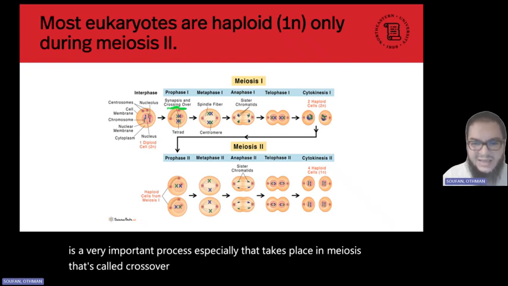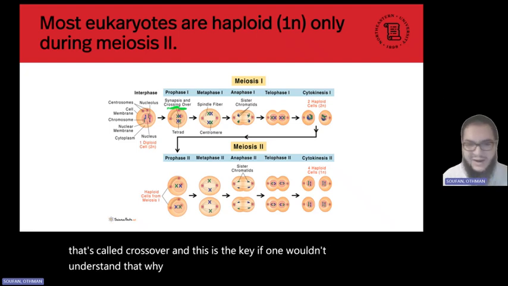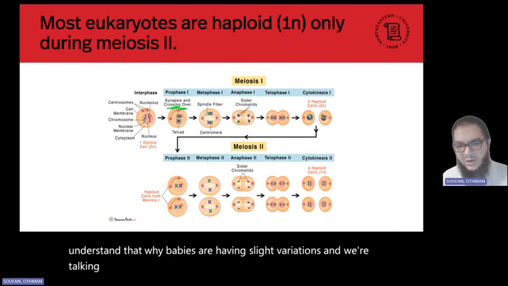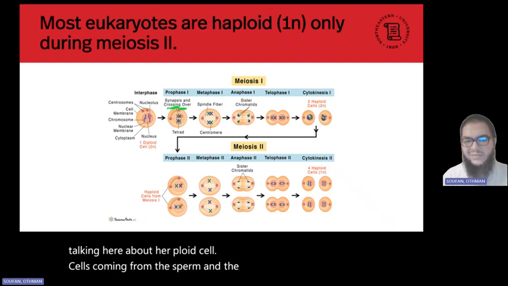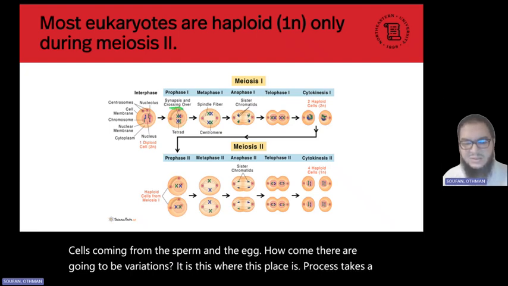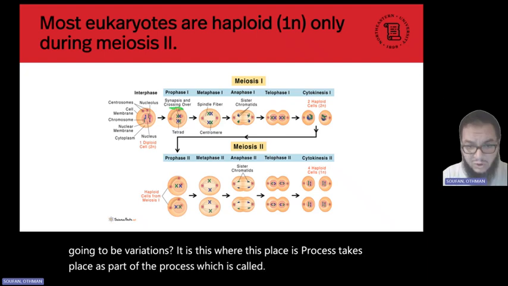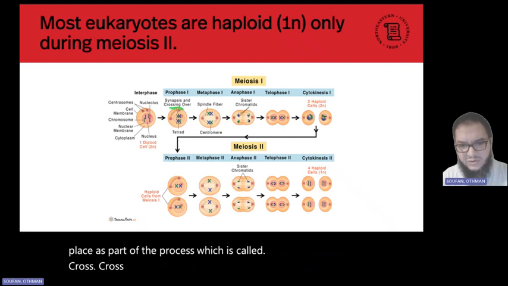And this is the key. If one wants to understand why babies have slight variations, and we're talking here about haploid cells coming from the sperm and the egg, how come there are going to be variations? It is this process that takes place as part of the prophase, which is called crossing over. Okay, crossing over.